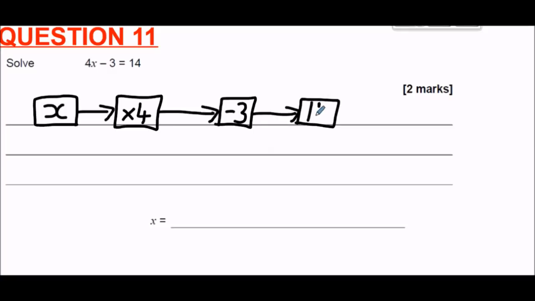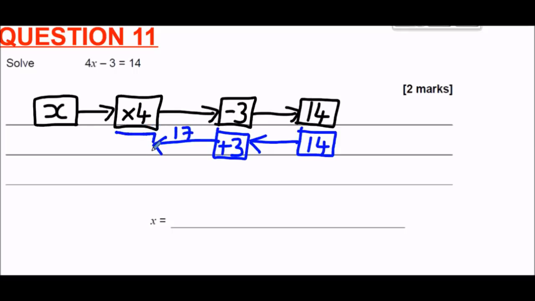Now what we do is we rewind every single step, so we go back to the beginning, starting from the end. So we start at 14 and work backwards. We go the opposite way, doing the opposite things each time. Opposite of taking away 3 is add 3. Might want to make a note what 14 add 3 is. 14 add 3 is 17.